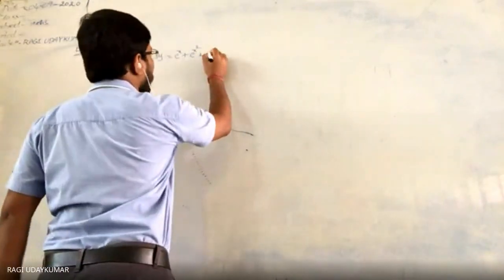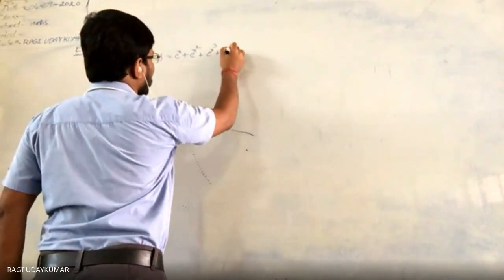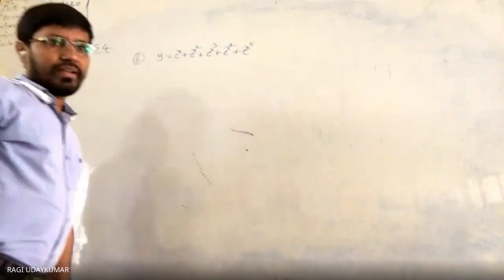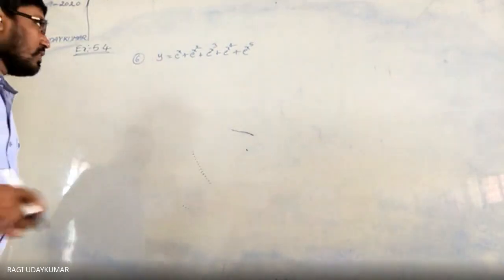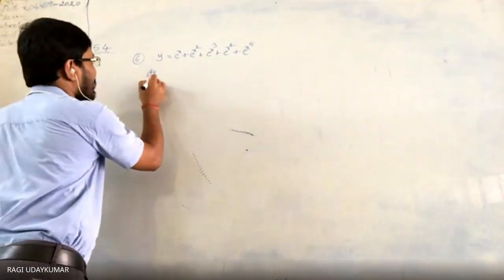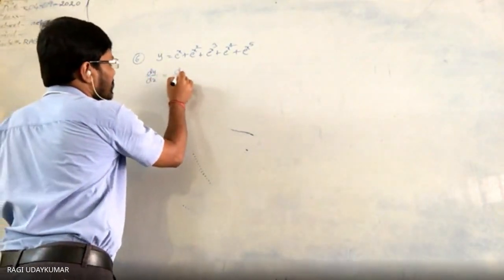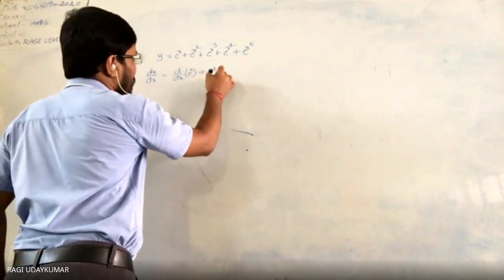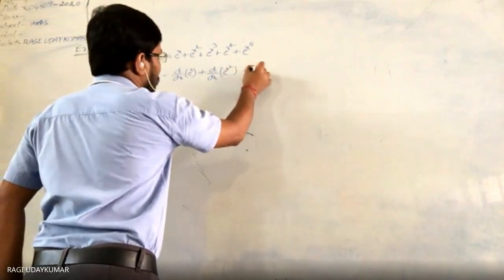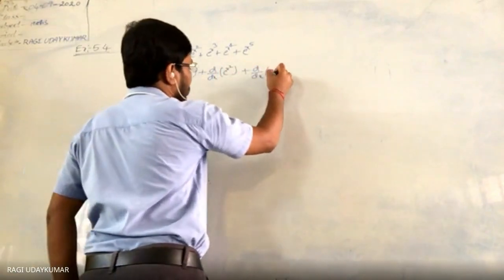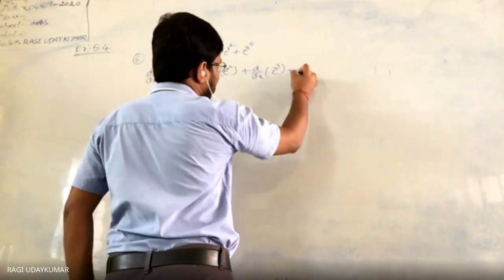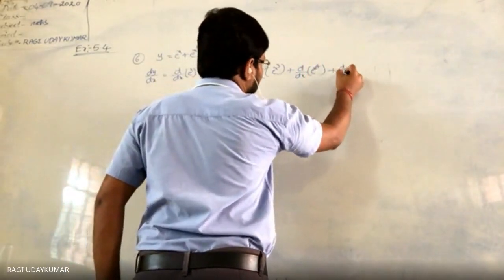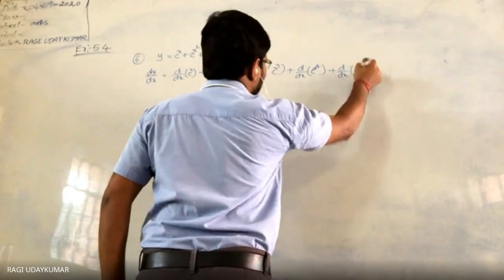You can write them as e power x cube, e power x power 4, e power x power 5. Do you remember that? So dy by dx is nothing but d by dx of e power x plus d by dx of e power x square plus d by dx of e power x cube plus d by dx of e power x power 4 plus d by dx of e power x power 5.